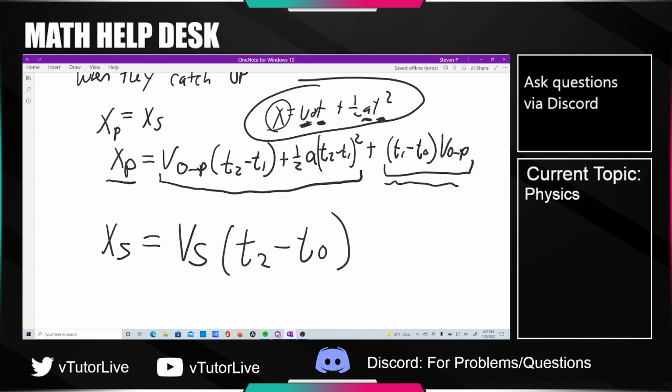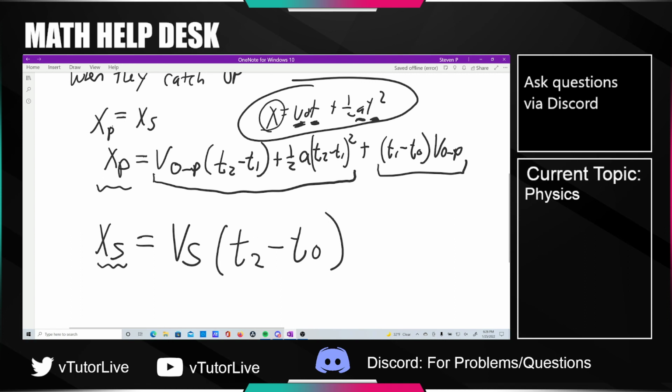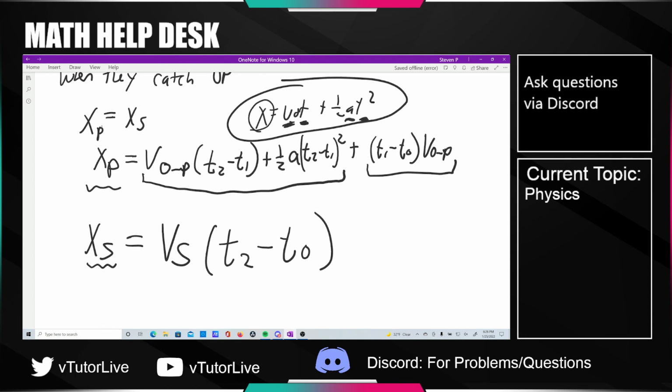I always like to keep track. At this point, we have two equations, and I just want to look at how many unknowns we actually have. So xp and xs are equal to each other, but they're unknown. So I'm going to draw a squiggle for unknown and maybe a regular underbar for known. But velocity naught of the police car, we know that, right?